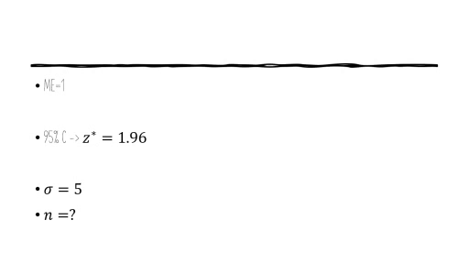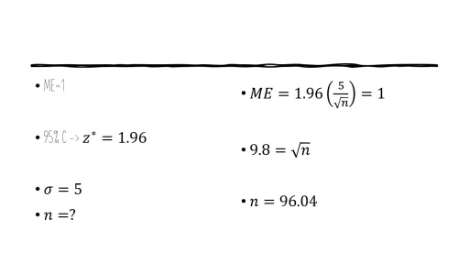Using our formula of z times sigma over square root of n, we want to set that equal to 1, and then solve for n. 1.96 times 5 gets you 9.8, which is equal to the square root of n, and then you would square both sides.